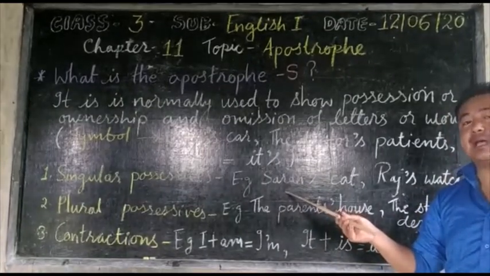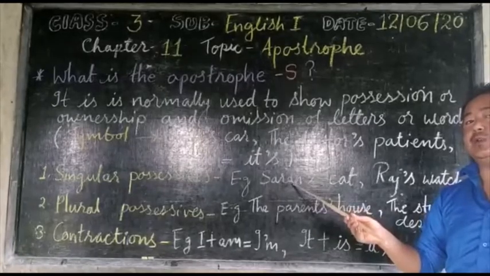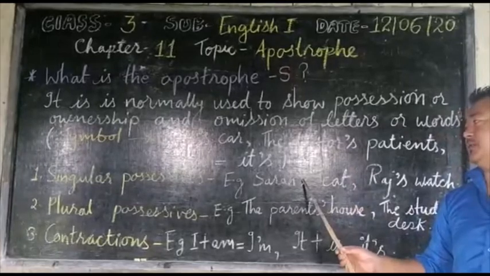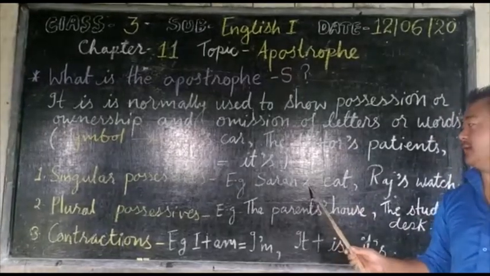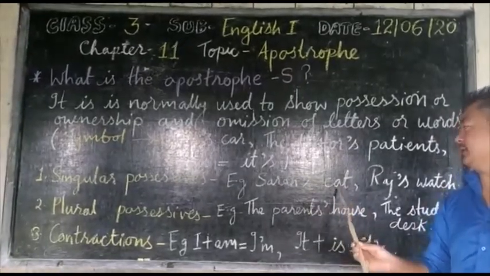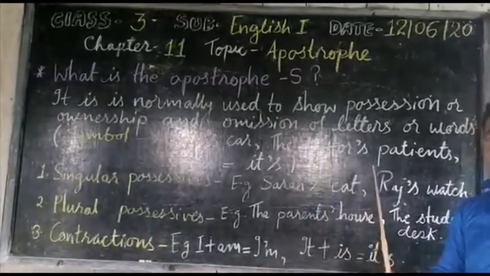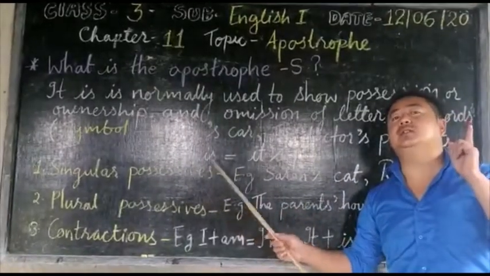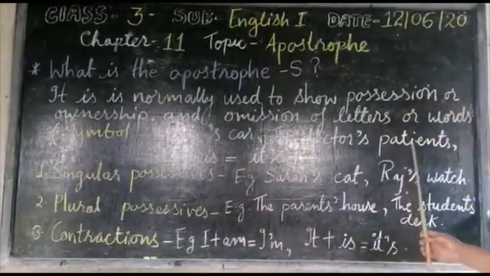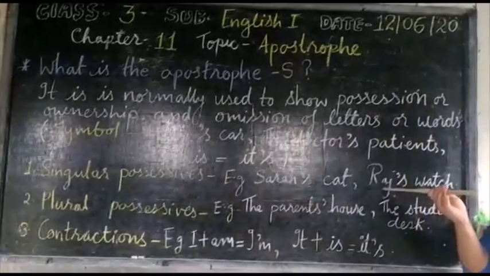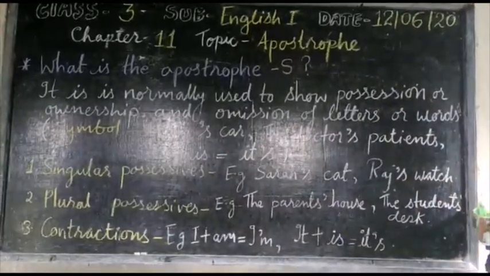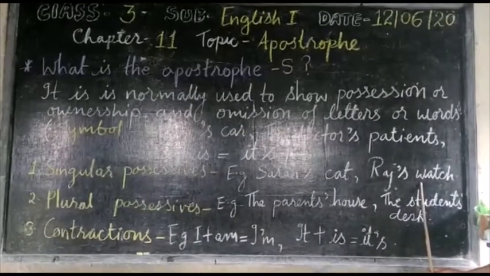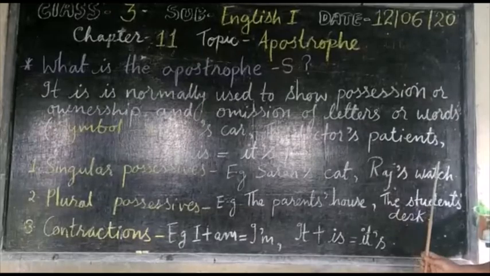So you can see the symbol of apostrophe S. Sarah's cat, one person, a singular possessive, a singular ownership. Likewise, the example is Raj's watch. The watch belongs to Raj.